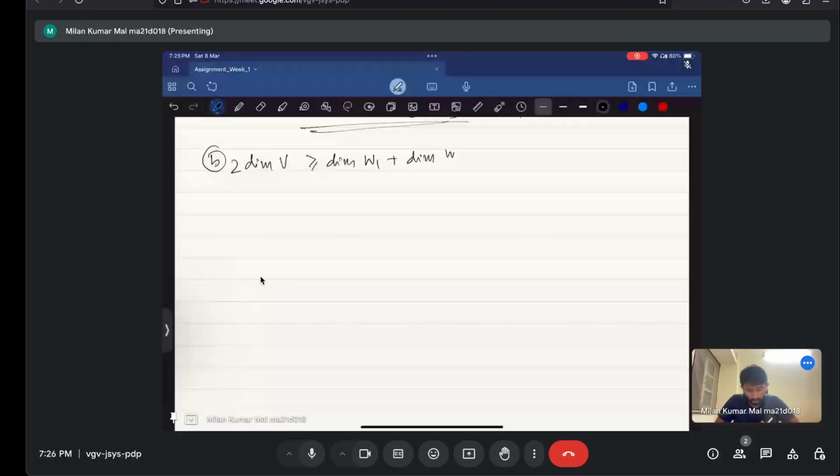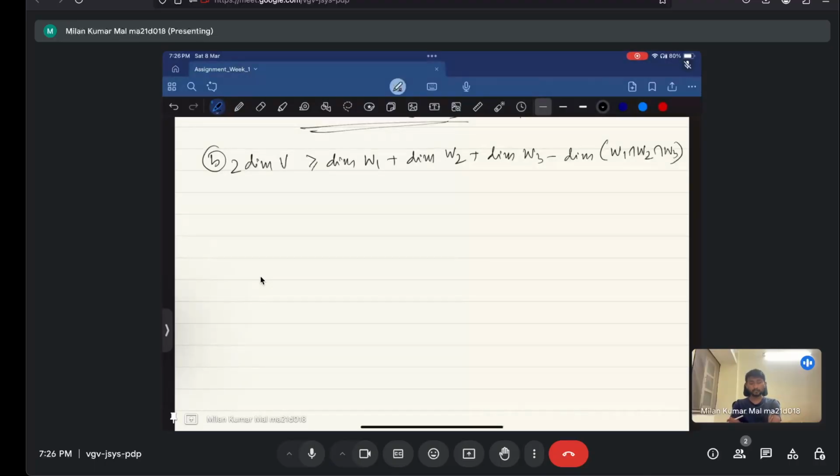First of all, here we'll look at the dimension of W1, which is strictly less than V, the dimension of W2 strictly less than V, the dimension of W3 also strictly less than V, and the dimension of W1 intersection W2 intersection W3 also strictly less than V.